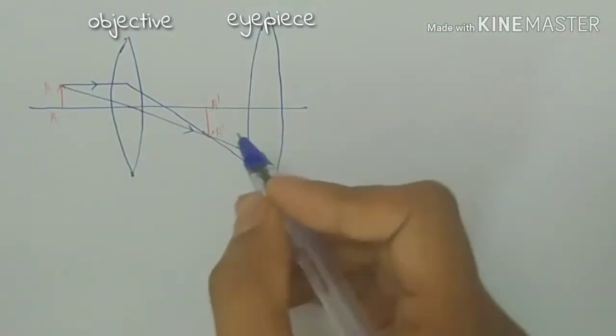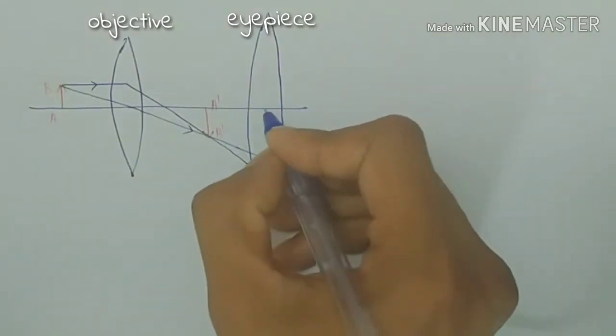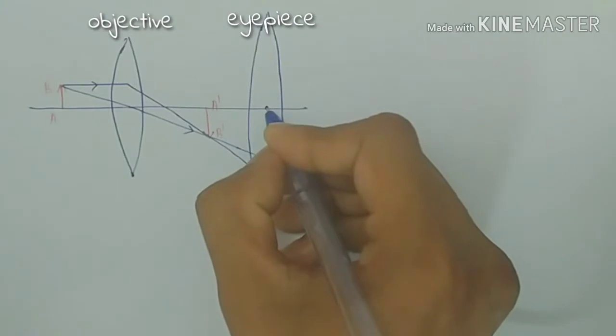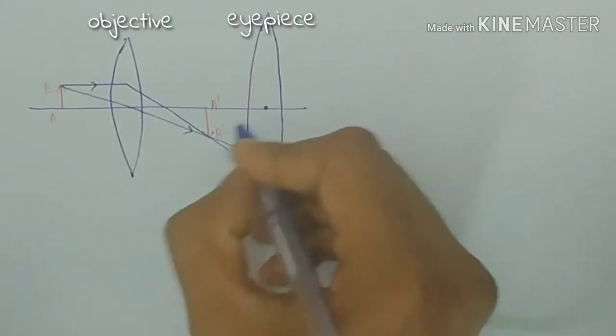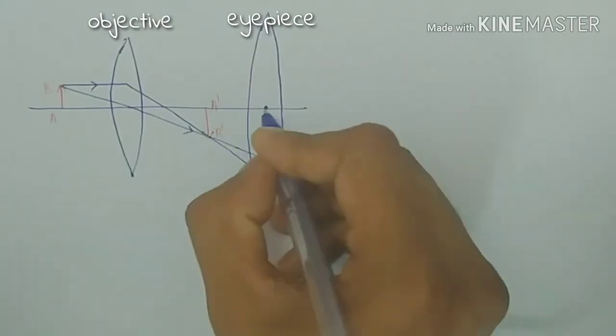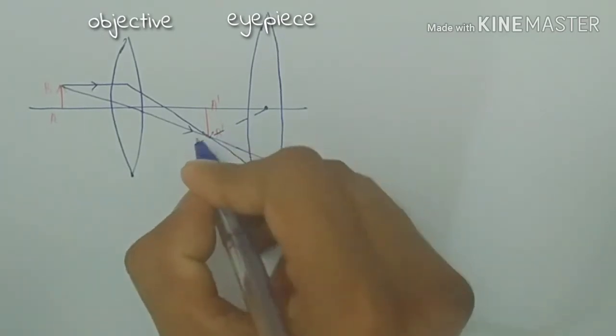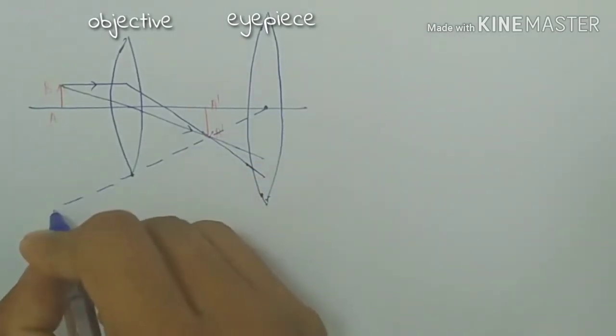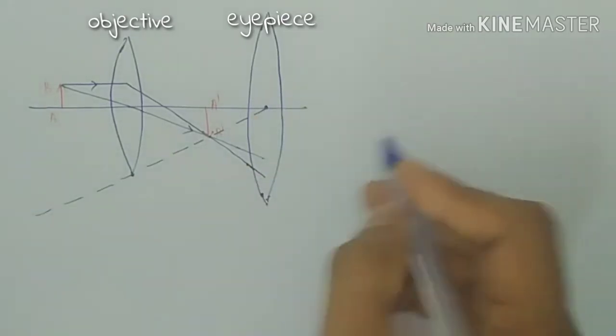In order to simplify the situation, let me draw a line which is starting from the optic center of the eyepiece and it should pass through this intermediate image. Let me draw a dotted line like this. This is how we are drawing systematically the ray diagram of compound microscope.